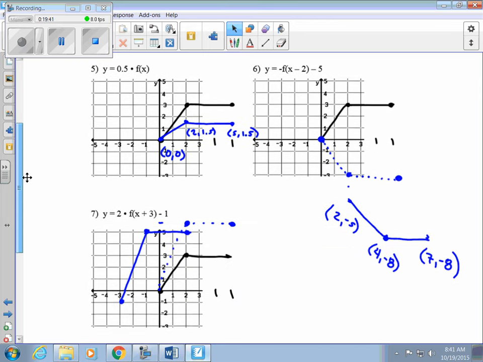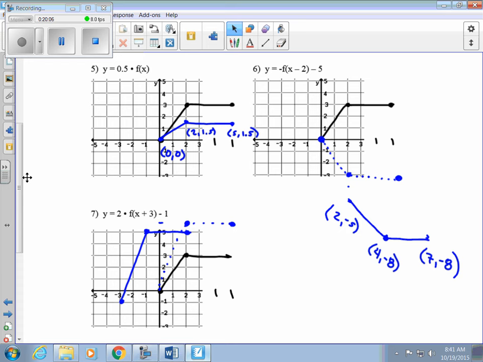Now in questions 5, 6, and 7, the black line is the original graph. So in the first one, all we had to do is take and multiply the y values by 1/2. And so there's our new ordered pairs. In number 6, we had to do two things. Now, I like to do them one step at a time. So if you see, I reflected it, so that's negative.